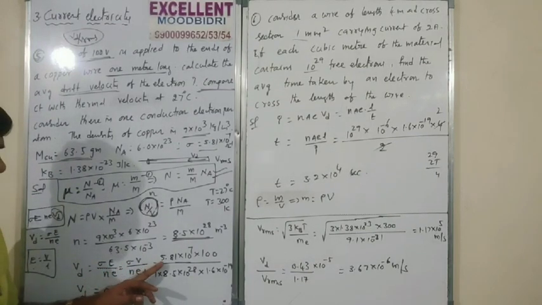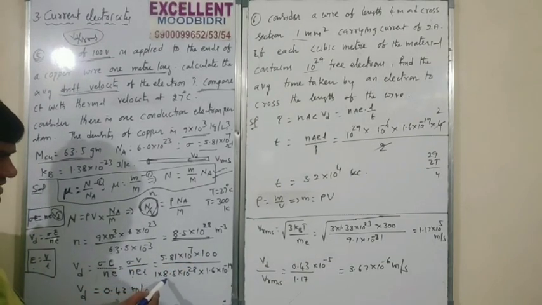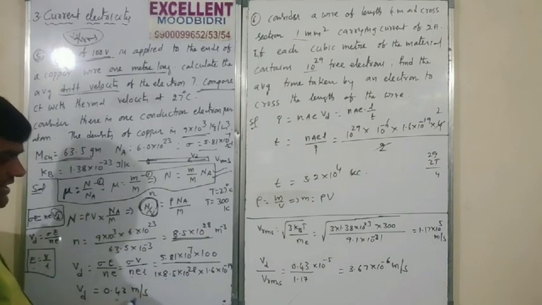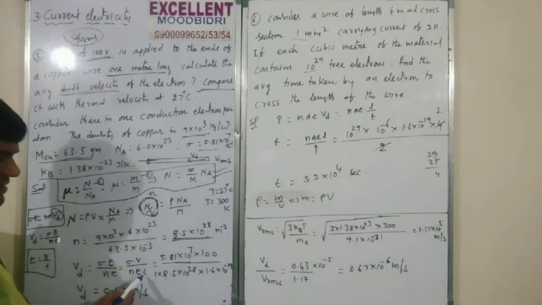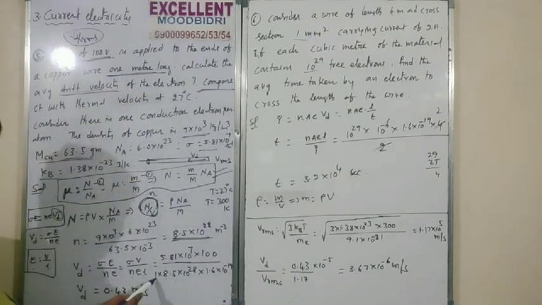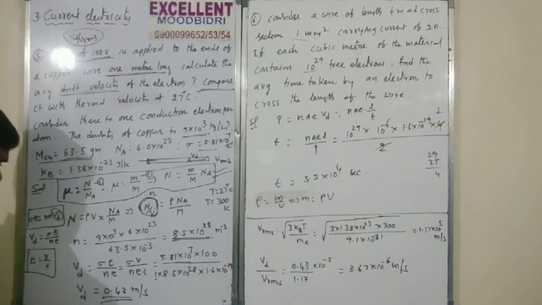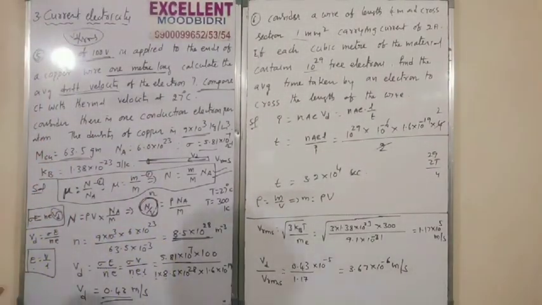Sigma is equal to 5.81 into 10 power 7, V is equal to 100, n is equal to 8.5 into 10 power 28, e is equal to 1.6 into 10 power minus 19, and L is 1 meter, as given. If you do the calculation, you will get the answer 0.43 meter per second. You can do the calculation yourself. Okay, right. So now Vd I got.